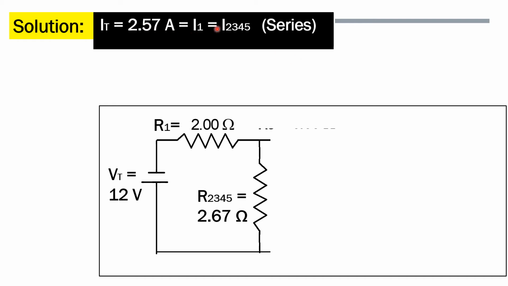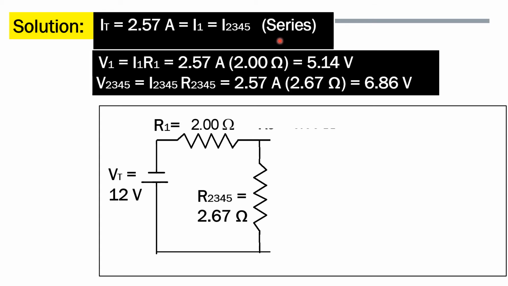That's for the current, and we use the concept of resistors in series, where the current in a series circuit is always constant or the same. Now, for the voltage, we use again the concept of Ohm's law. Since we know already the current I sub 1, we just multiply it by R1.